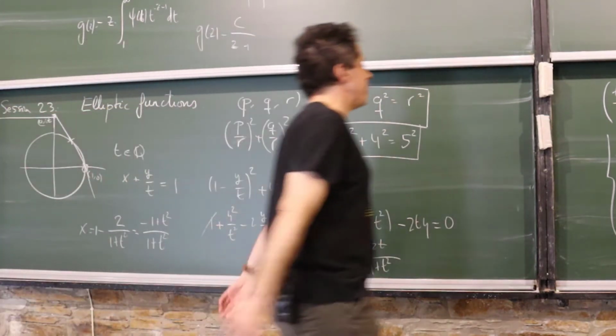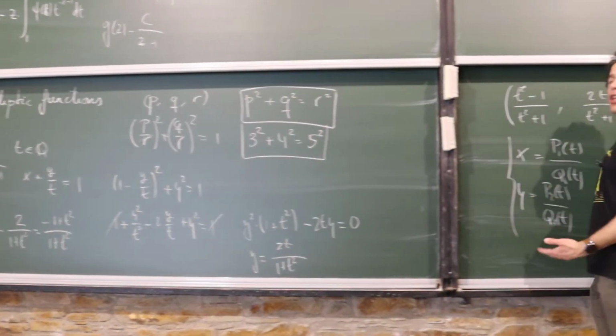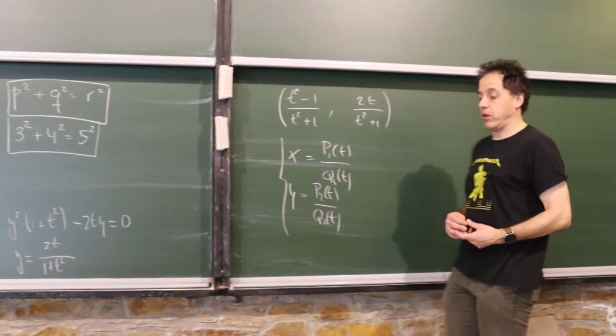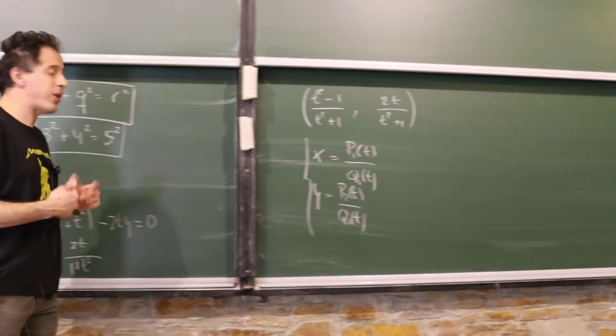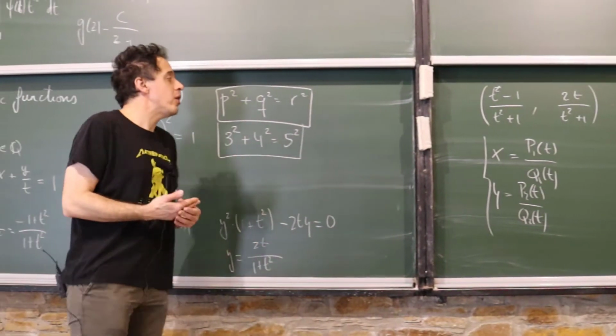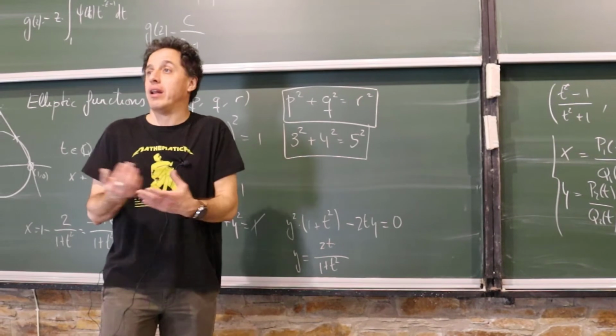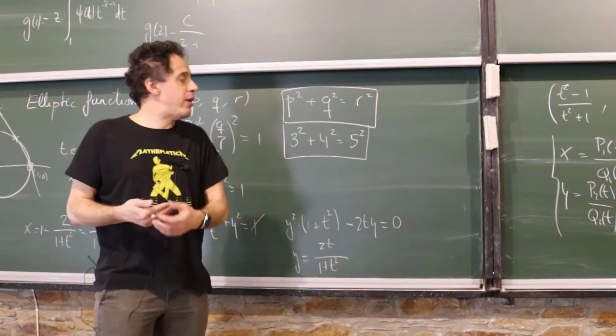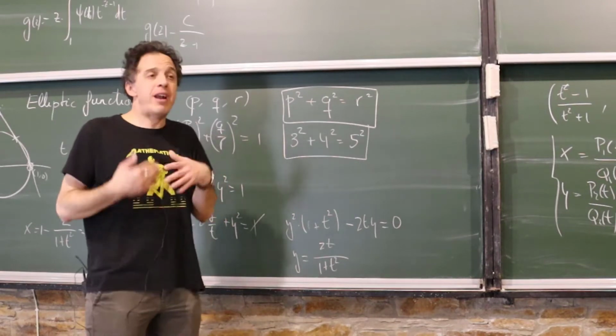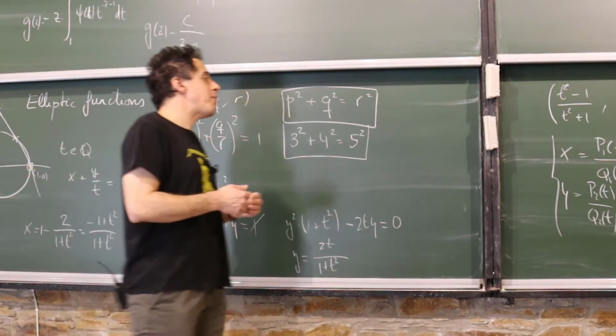Okay, but these curves having this property that they can be parameterized using rational functions are called in algebraic geometry rational curves. They are not only, let's say, circles. For instance, every conic is a rational curve, but there are more rational curves, having perhaps singular points.